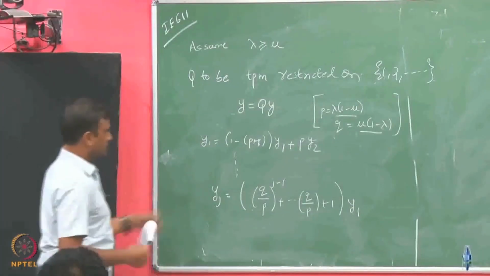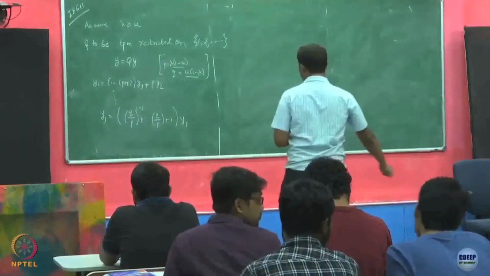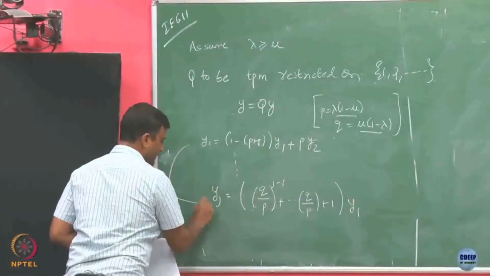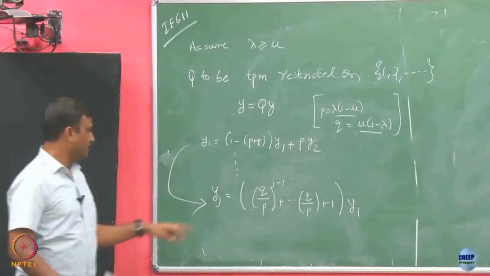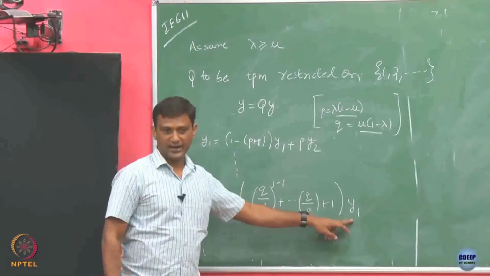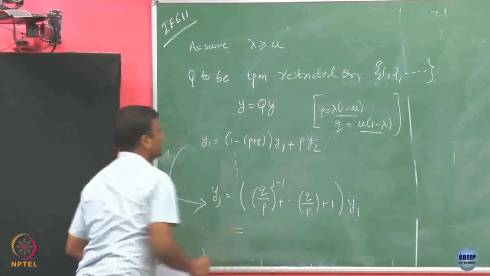I am just skipping the process; if you write this iteratively and check, we end up with iterative equations where the jth component can be written in terms of y1.